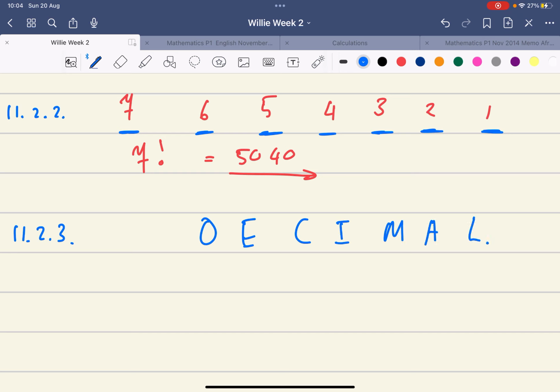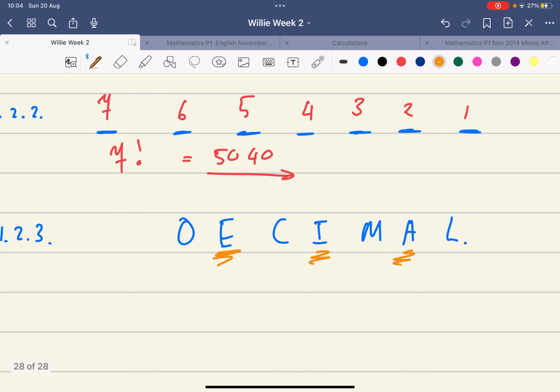What vowels do we have here? Well, we have E, I, and A, and that's it. So we have 3 vowels, and the rest of these are all consonants. If they're not a vowel, they're a consonant.